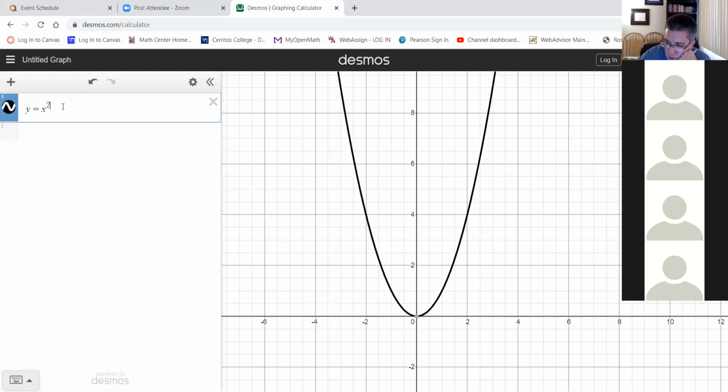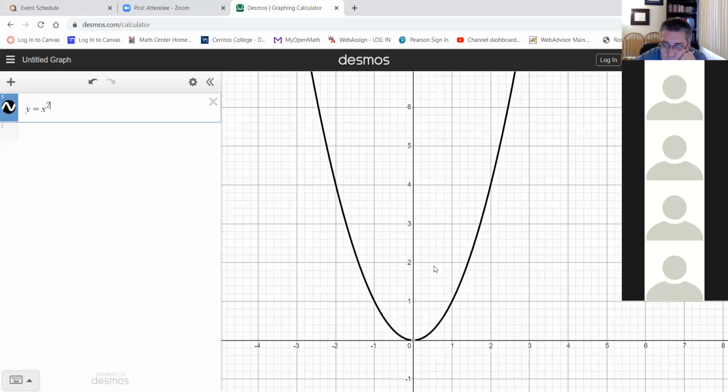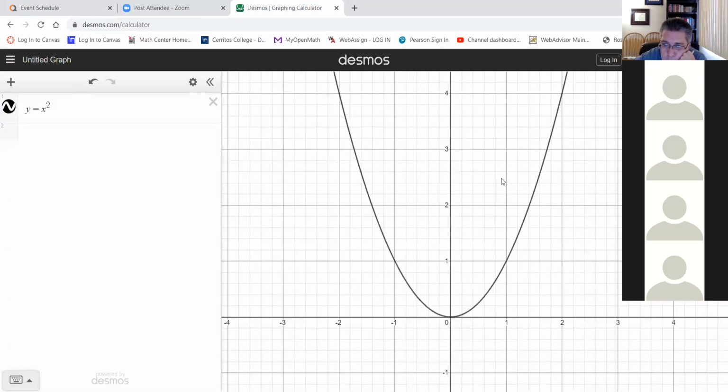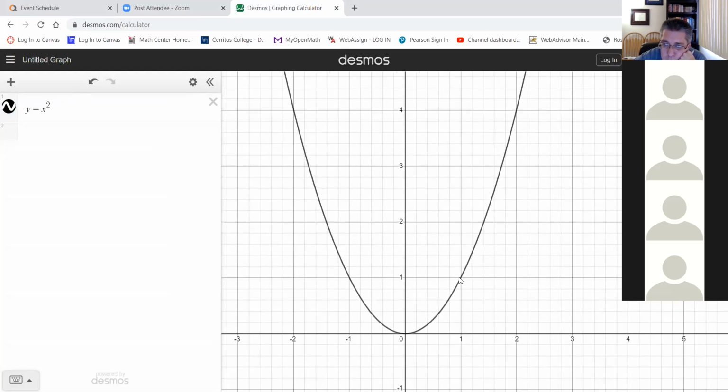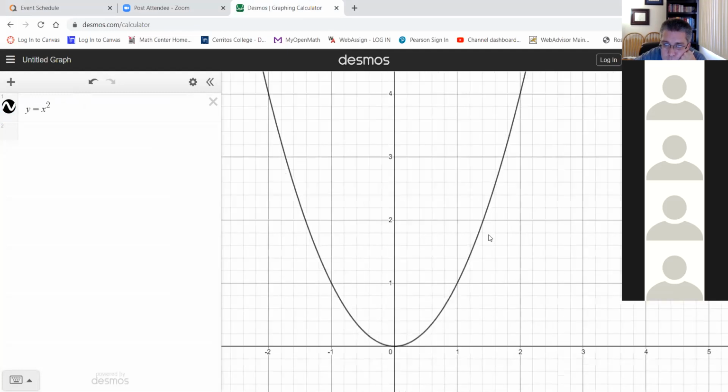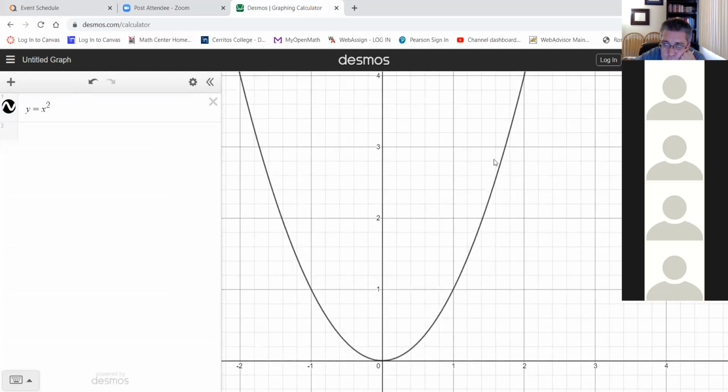I don't know if this is going to give me the desired result I want, but that's okay. Let's just look at 1 to 2. Again, I want something a little bit curvier. I don't know, it's just fine, I guess. I go from 1 to 2. Okay, let's see what we got here.